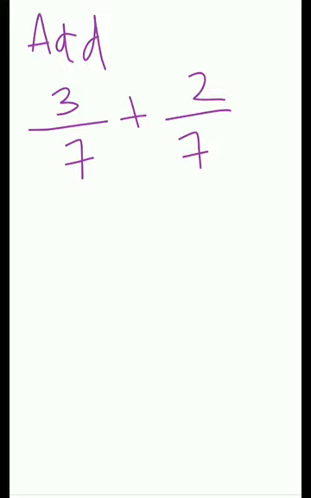So to add like fractions, what we do is we add the numerators. Here in the first fraction the numerator is 3 and in the second fraction the numerator is 2. So we will add those numerators. That will be the numerator of our resulting fraction, then divided by the common denominator.